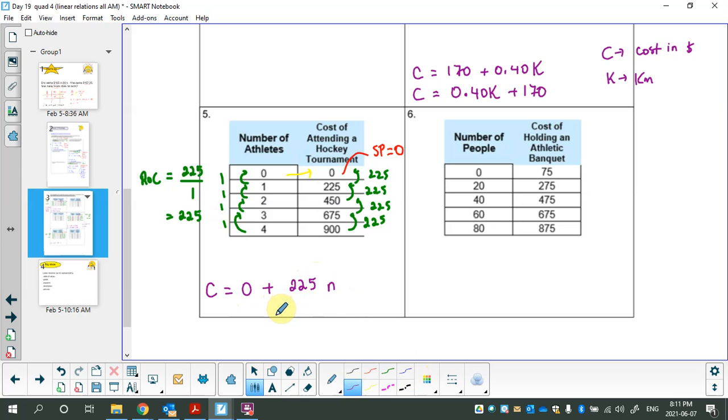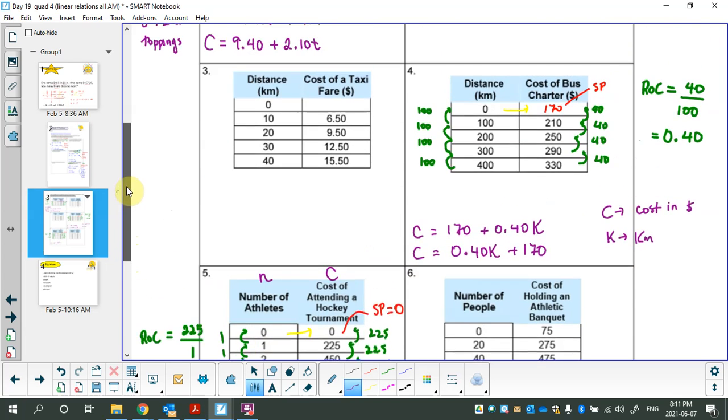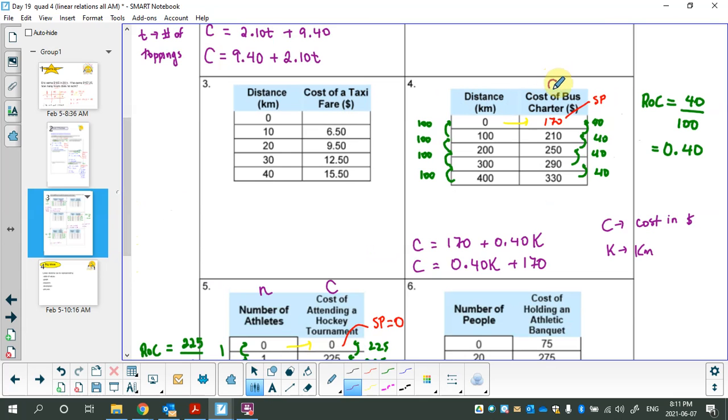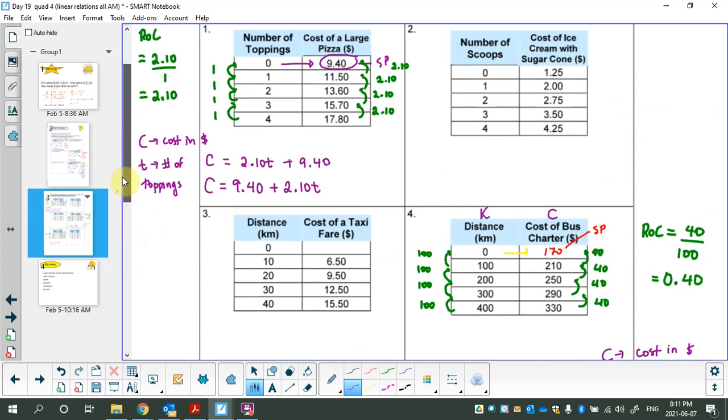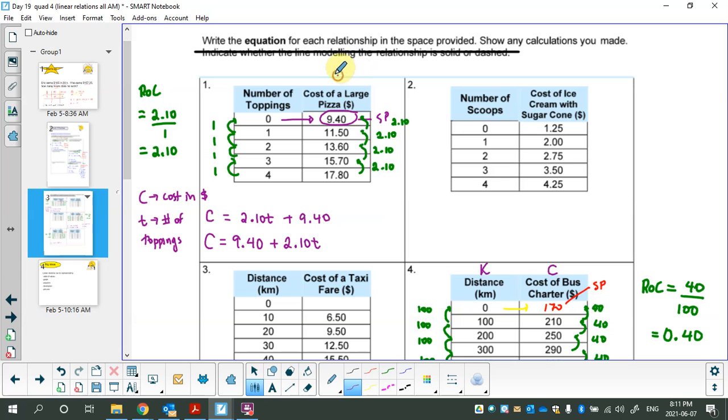So how am I deciding these letters? Well, this is cost, so the cost is calculated by doing all this work with an n. So if you don't feel like doing this, you can put a C for cost up here, and you can say, oh, I want another letter, and I'm going to use a K. In the first example, it was cost and the number of toppings.